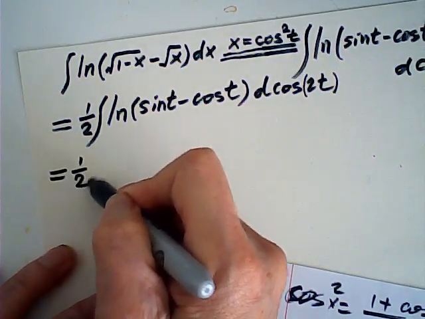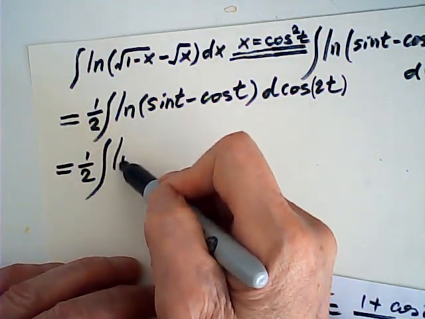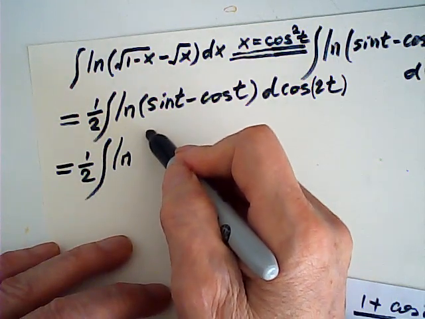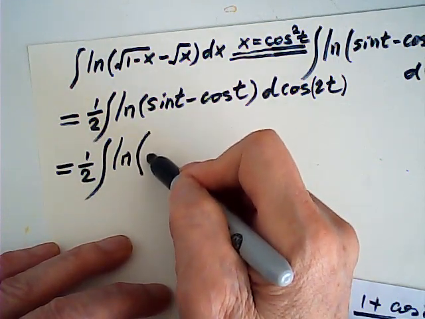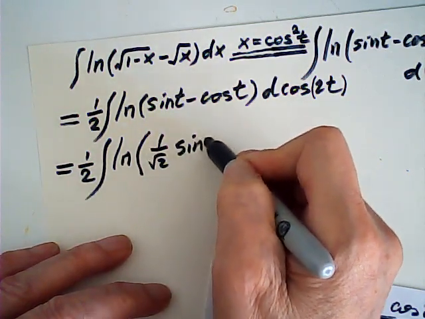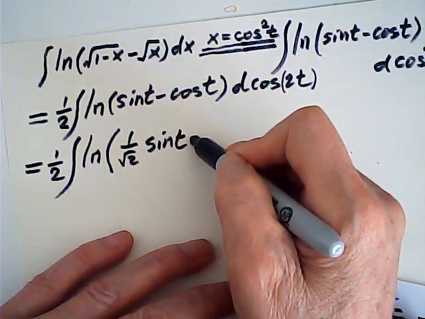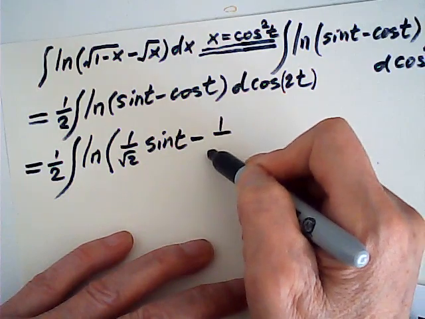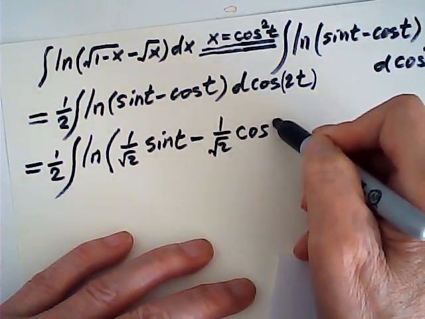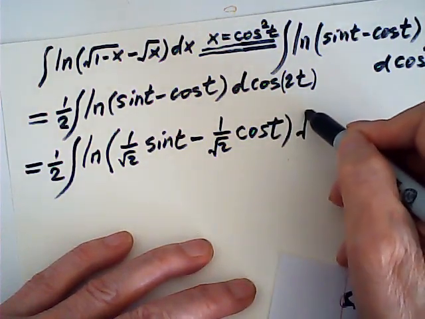This is 1/2 natural log, bracket, 1/2 root sine t. And let me go slowly. Just watch what I'm doing, because it's rather complicated.